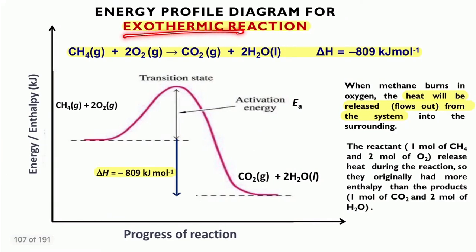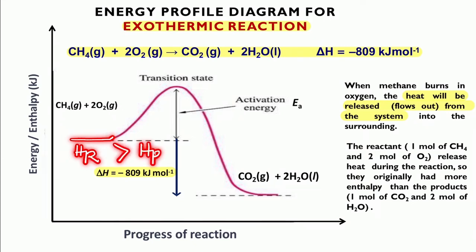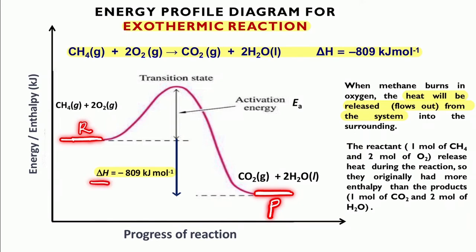Next we have the exothermic reaction. For an exothermic reaction, it will be the opposite, where the enthalpy of your reactant will be higher than the enthalpy of your product. Your product is down here and your reactant is up here. When you draw the arrow for enthalpy change from reactant to product, it will be downwards.